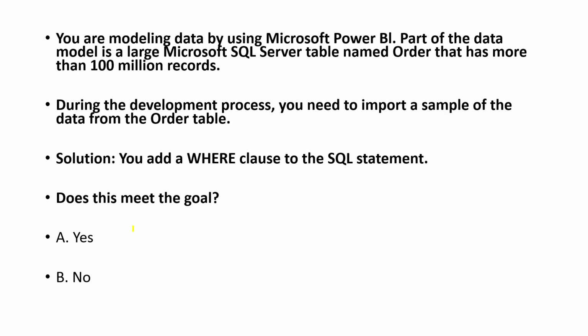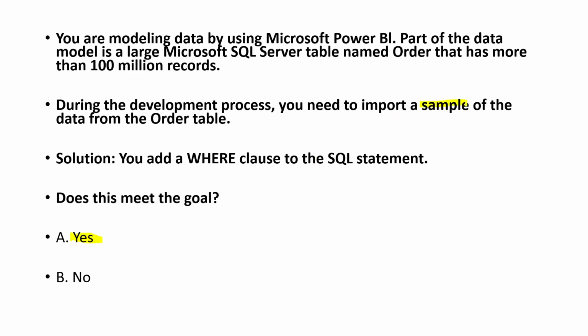You are modeling data by using Microsoft Power BI. Part of the data model is a large SQL Server table named order that has more than 100 million rows. During the development process, you need to import a sample of data from the order table. You add a where clause to the statement. Definitely it is correct. The reason, let me tell you why.